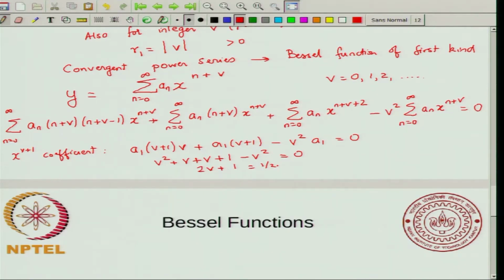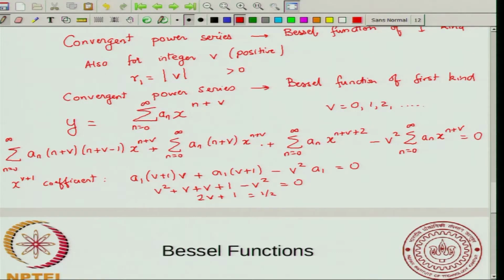In other words, when you set the x raised to v plus 1 term to be 0, you get the relation 2v plus 1 equal to 0, and you get v equal to minus half.